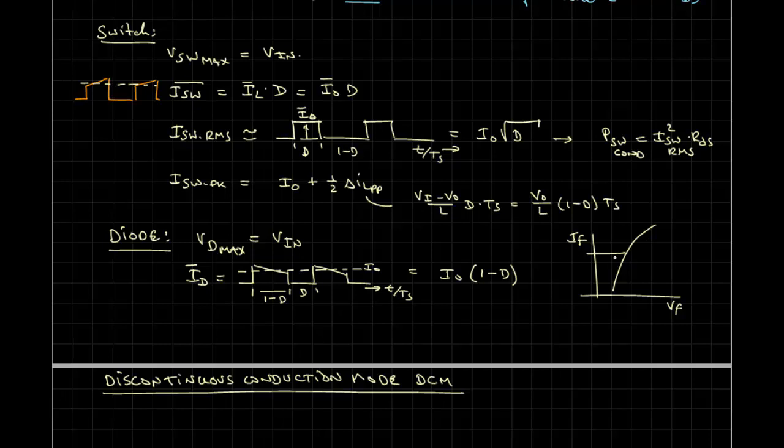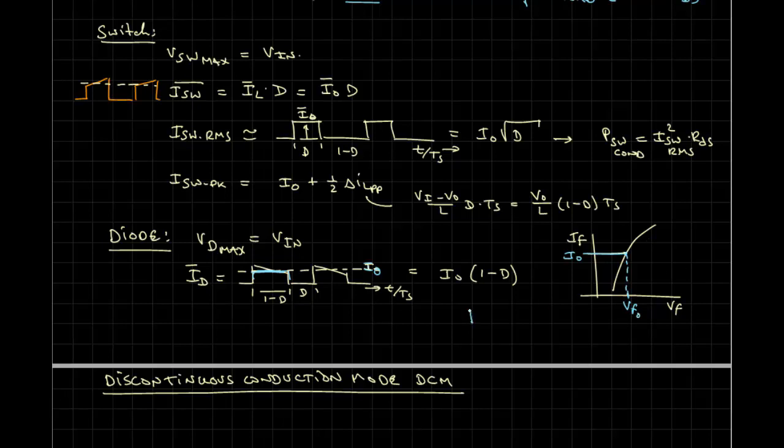If you have a diode curve that shows I forward and V forward, you don't want to look up on this curve the average diode current. You want to look at the average current during the time that the diode is conducting, and that average current is going to be I_O. So you want to spot I_O on your curve, and then you come down and find V_F.